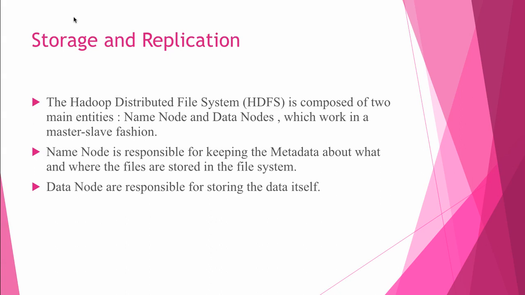Its architecture is composed of two main entities, name node and data node, which work in a master-slave fashion. Name node is responsible for keeping the metadata about what and where the files are stored in the file system. Data nodes are responsible for storing the data itself.